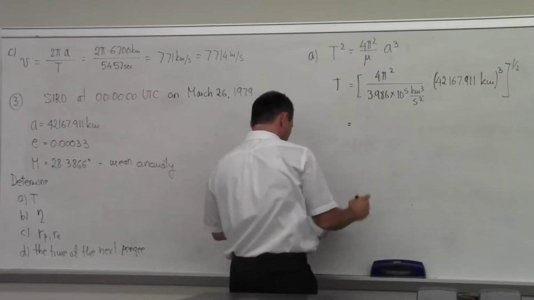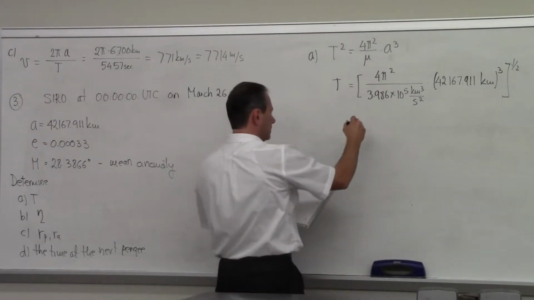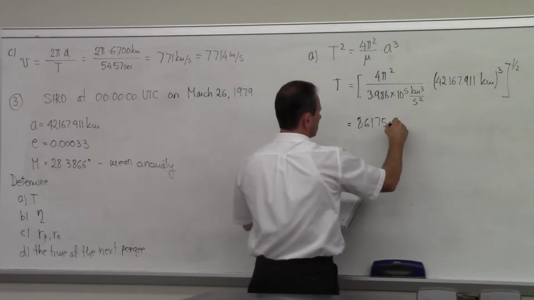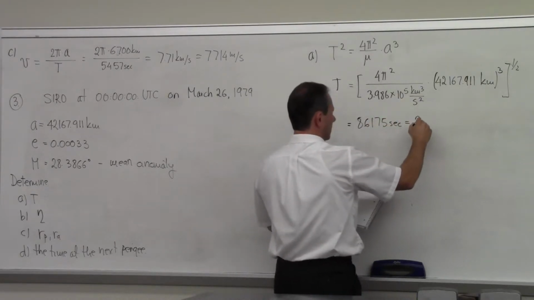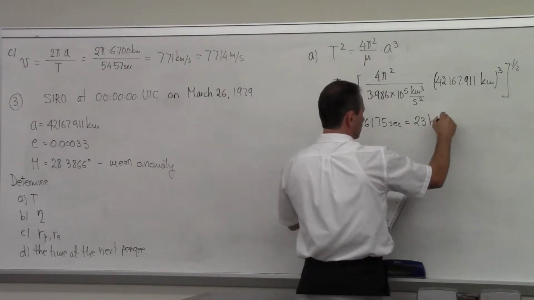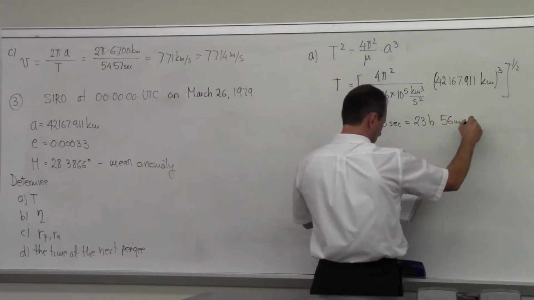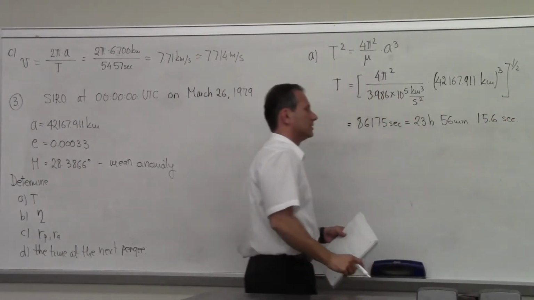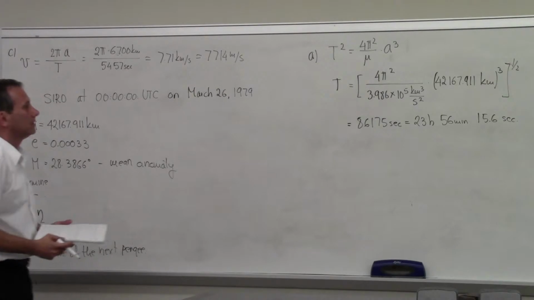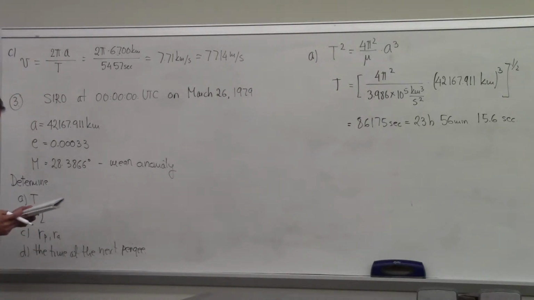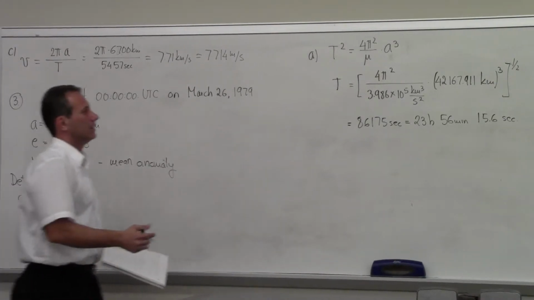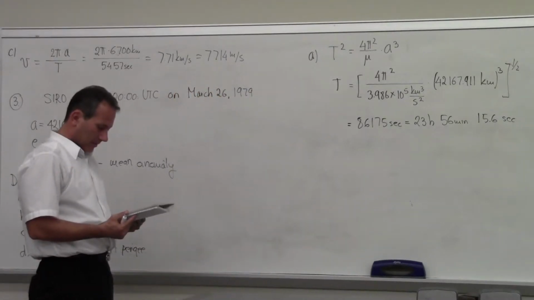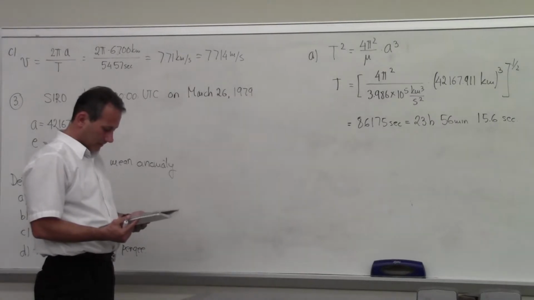And when you calculate this, this ends up being 86,175 seconds, which is 23 hours, 56 minutes, and 15.6 seconds. So that's a geostationary satellite orbiting the Earth in a day. It should be 1 day, so we're a few seconds off, I guess, but we'll be around.